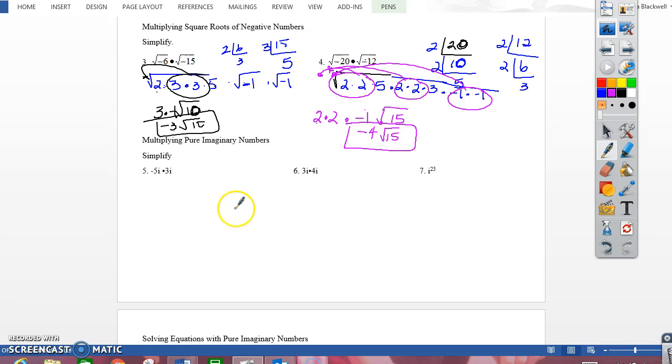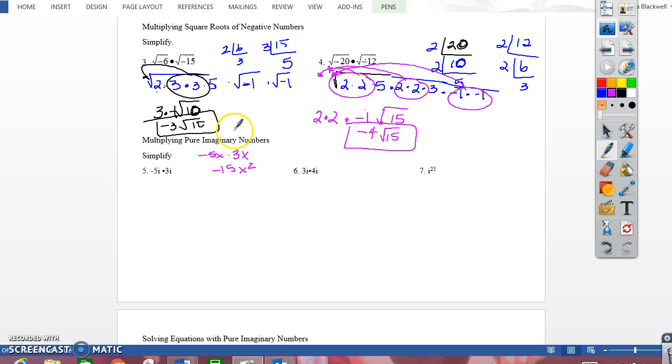Okay? All right, when we multiply imaginary numbers together, think of this as, treat it kind of like a variable. So if I have negative 5i times 3i, if it said negative 5x times 3x, you would do negative 15x squared, right?